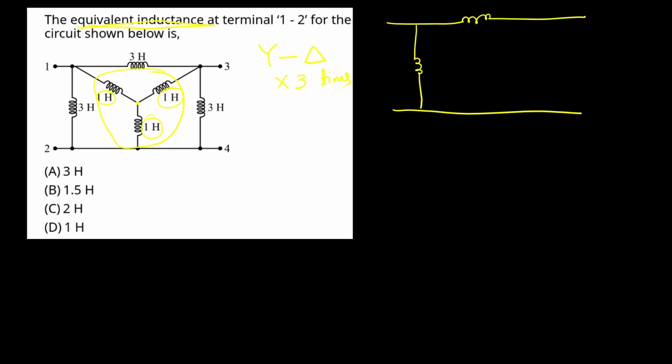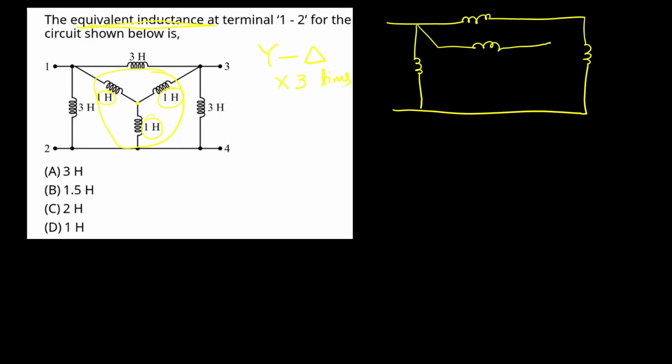Whenever you convert star to delta, when all three inductors are 1 henry, each becomes multiplied by 3 times, so 3 henries. Let's draw the equivalent circuit.